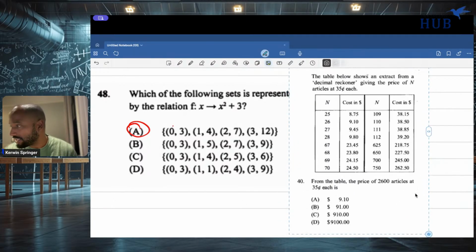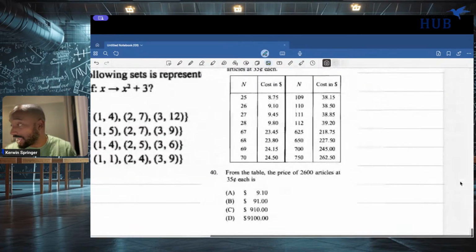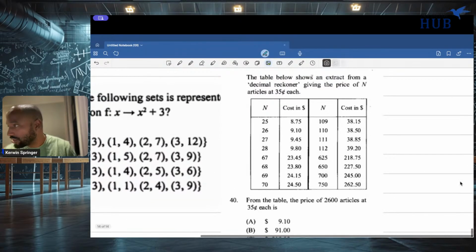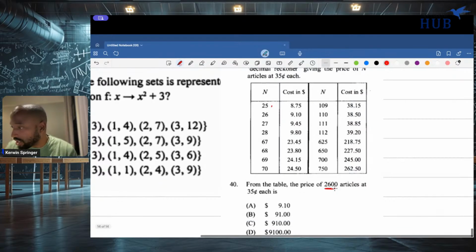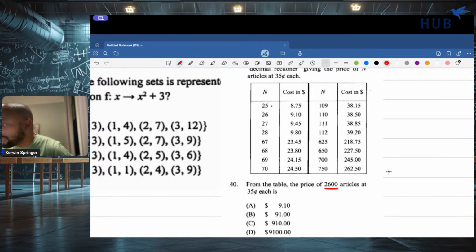From the table, the price of 2,600 articles. This looks like one of them old school questions that I used to do for exams. The table below shows an extract from a decimal reckoner giving the price of n articles at 35 cents each. All right, so 25 is this, 26 is this, 27 is this, 28 is this. Hold on. All right, cool. So it's 2,600 articles at 35 cents each.